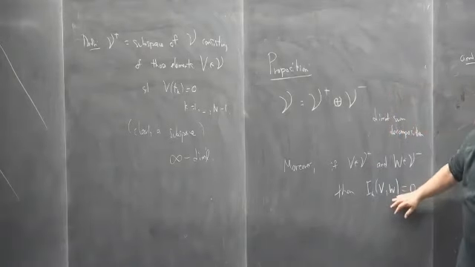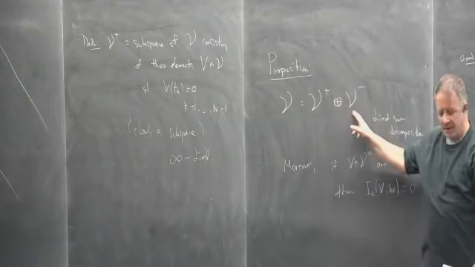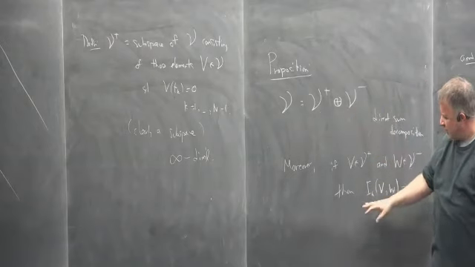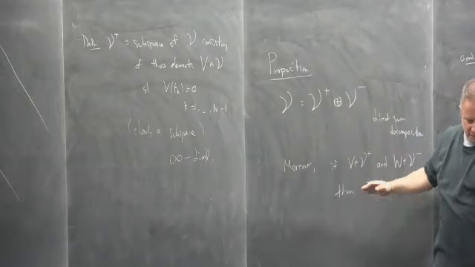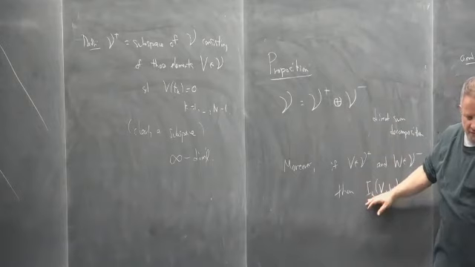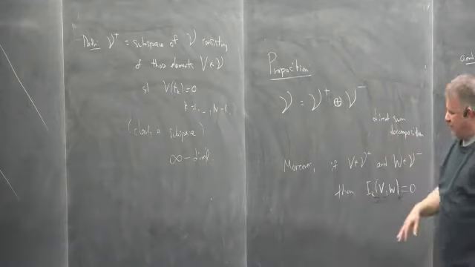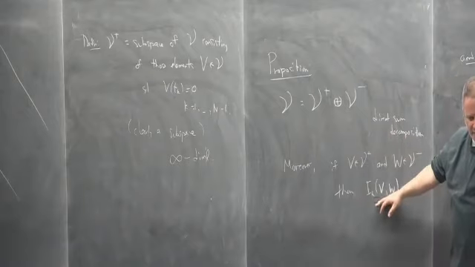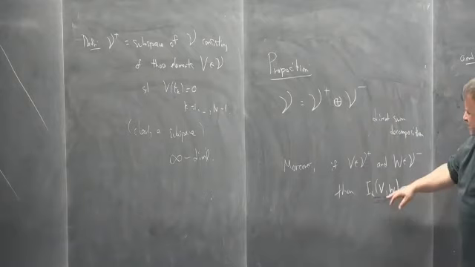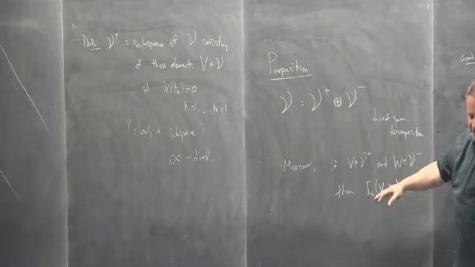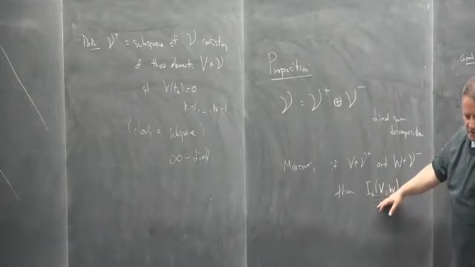So the way Do Carmo phrases this part is he says that these two summands are orthogonal with respect to the symmetric bilinear form, which is a perfectly fine way to say it, but I don't want to use that language because I don't want us to get confused with the inner product, because this bilinear form is not positive definite in general, right? It's a symmetric bilinear form, but it won't even be non-degenerate in general.